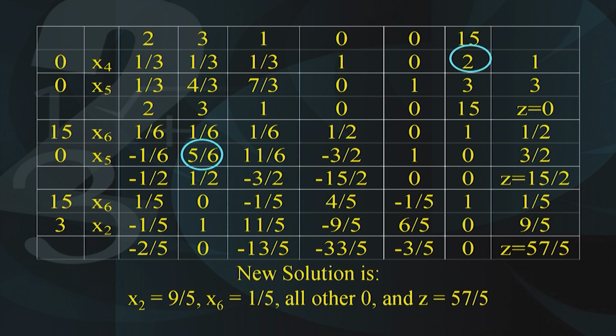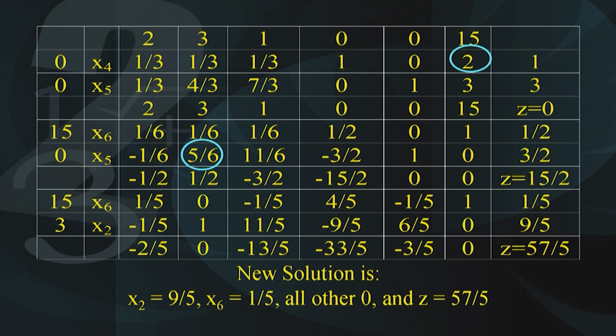In the first column we will write 15, 0, second column we will write x6 and x5, then next column 1 by 6, minus 1 by 6, 1 by 6, 5 by 6, 1 by 6, 11 by 6, 1 by 2, minus 3 by 2, 0 1, 1 0, and finally the right hand side is 1 by 2 and 3 by 2.